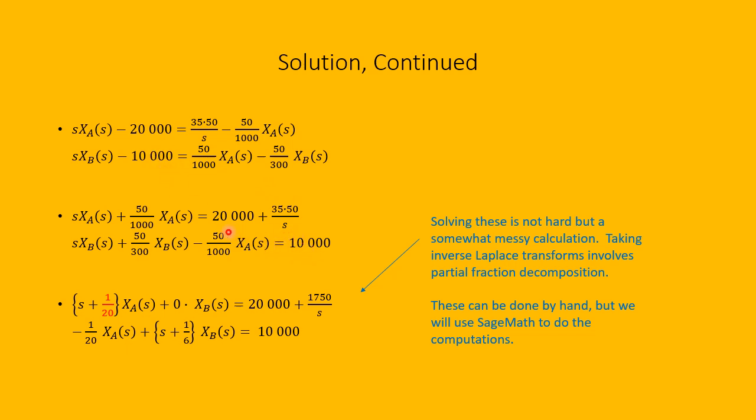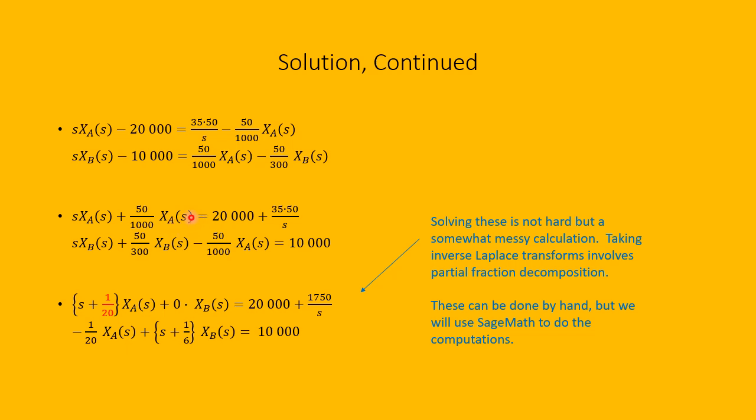Okay, so now we look at this, and the first thing we notice is that both of these terms involve X sub B of S. So we can combine these together by adding coefficients. The top equation, we'll just do a little bit of numerical arithmetic calculations.